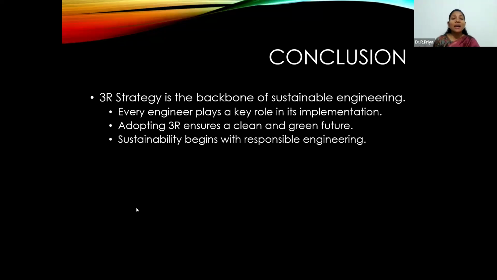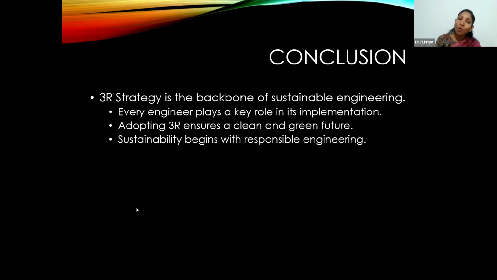Every engineer plays a key role in implementing the 3R strategy. From planning and design to production and waste management, engineers make important decisions that affect how resources are used and how waste is handled.